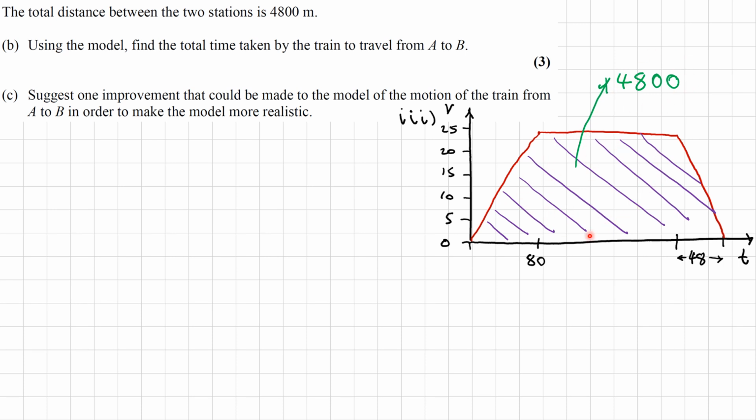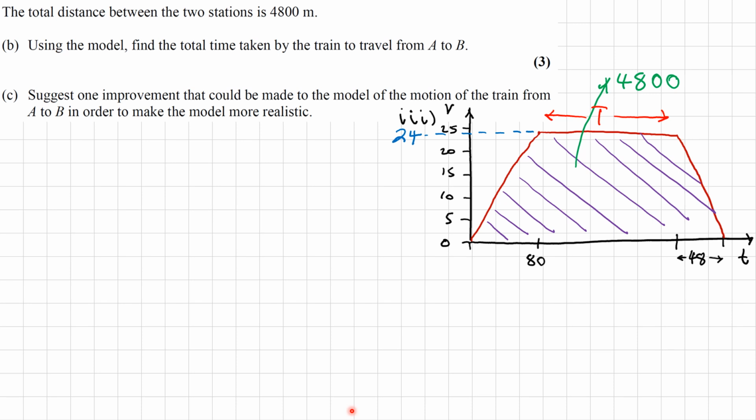Do I know the height of that trapezium? Yes, I do. That is that constant velocity, which is 24, and I need the lengths of the two parallel sides. Now I know the lengths of these end bits, but not the total length. So what I'm going to do is to call this bit in the middle t, so this length here, which means I can also write the length of the bottom in terms of t.